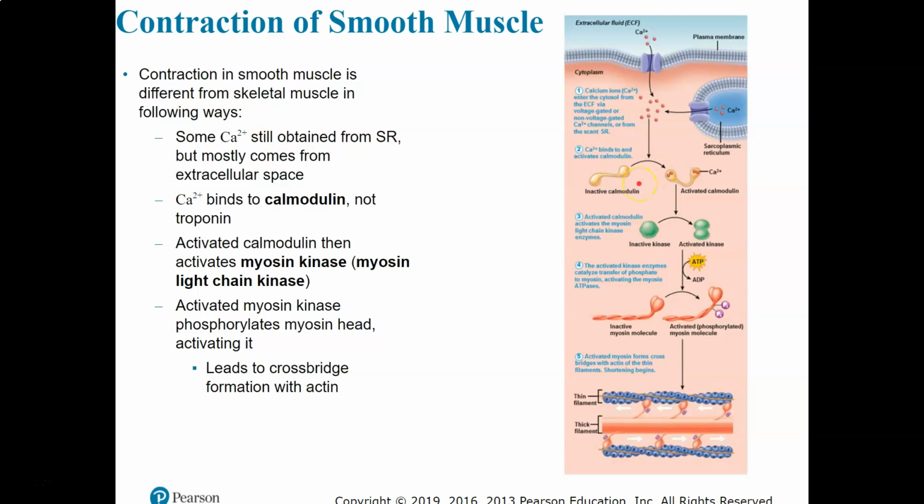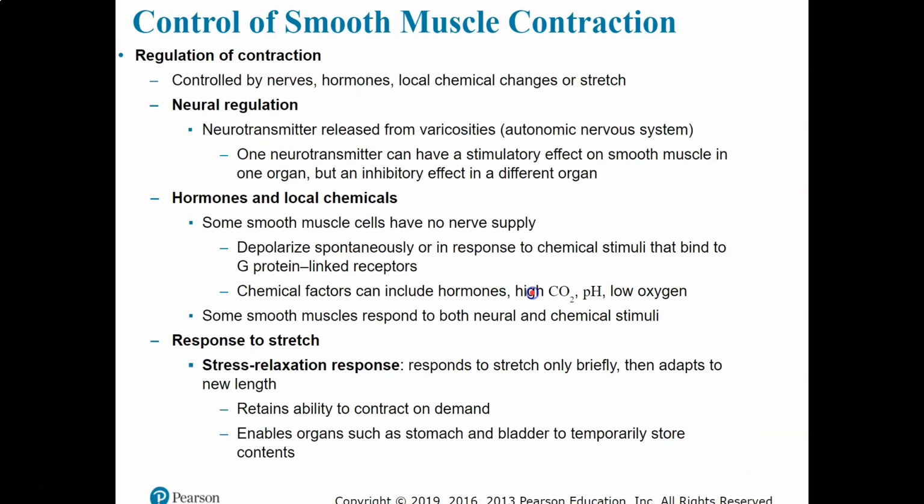That calmodulin is then going to activate the myosin kinases. And then those myosin kinases are what are going to actually phosphorylate the myosin head, which is going to allow it to activate and cross-bridge with the actin. And again, the myosin-actin cross-bridging is what actually causes the filaments to slide and produces contraction.